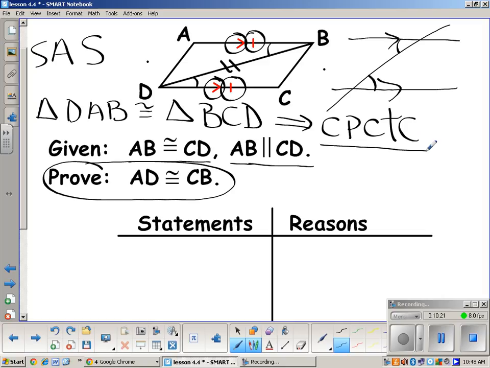I think I said that wrong. I said that those two triangles are congruent by CPCTC, but that's not true. They're congruent by side angle side. Now we can apply CP-CTC. Okay? So, we can now say that side AD is congruent to side CB. They're corresponding sides, and we've proven that they're congruent.